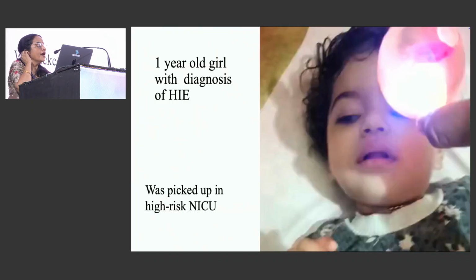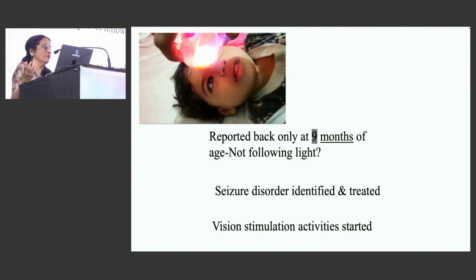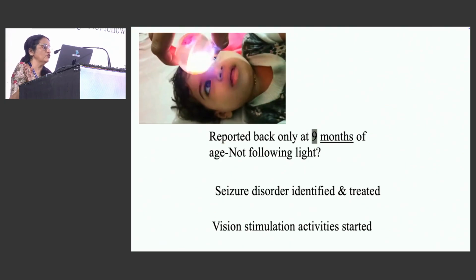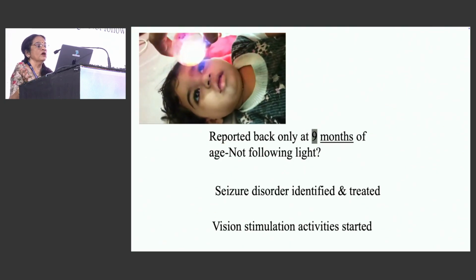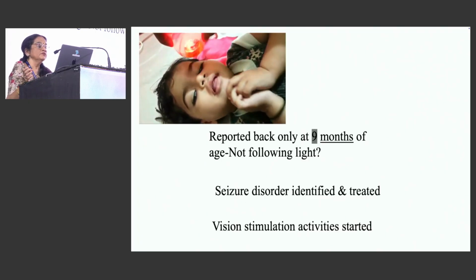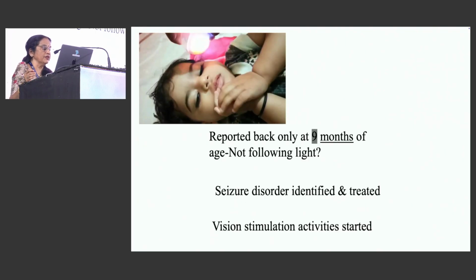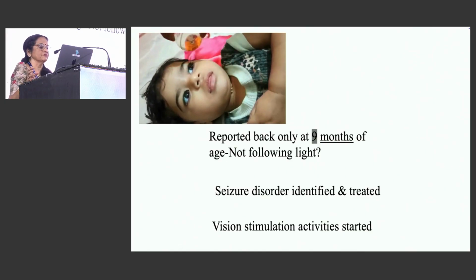Similar is the case of a 1-year-old child with a diagnosis of HIE. She also was picked up very early, but the parents brought her only after 9 months of age. The child had no visual interest, not fixing or following light. We started vision stimulation activities, but she was not responding.